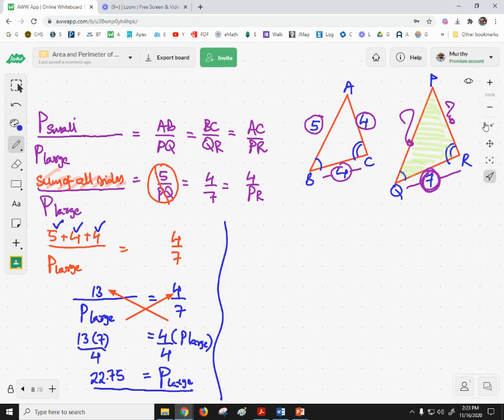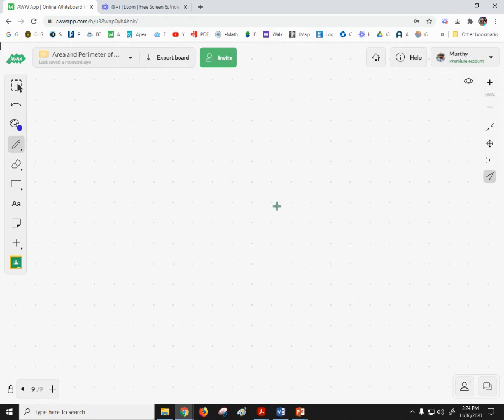Okay, let's go to another question. Let me take maybe 2 similar figures. The sides are given: this is 7 units, this is 12, this is 3 units, and this is not given, okay?